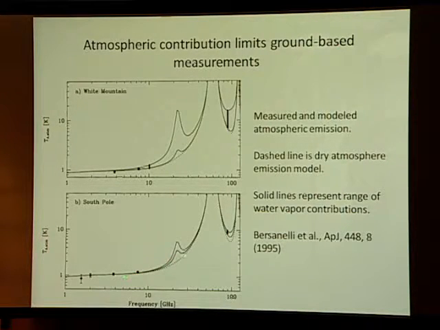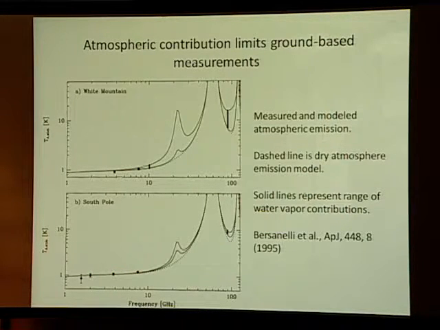The dotted line here is a dry atmosphere model, and the two solid lines include water vapor with a variety of contributions. But about a 1 Kelvin contribution at 10 gigahertz. So if you want to dig down to 1 millikelvin error bars, it's hard to measure, model, and remove a 1 Kelvin signal from that.